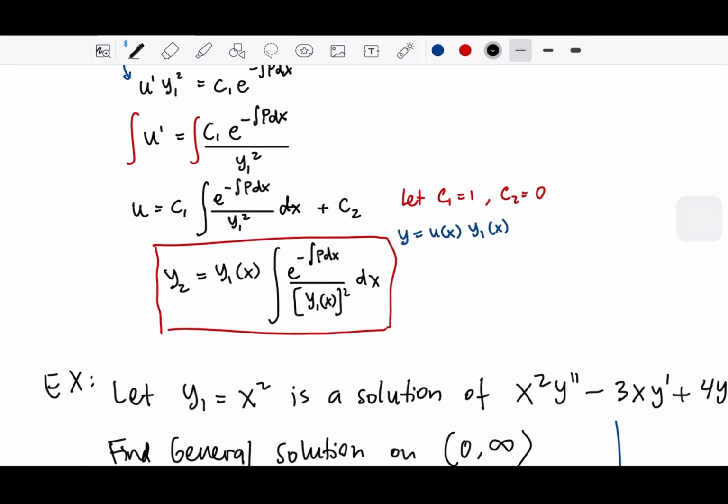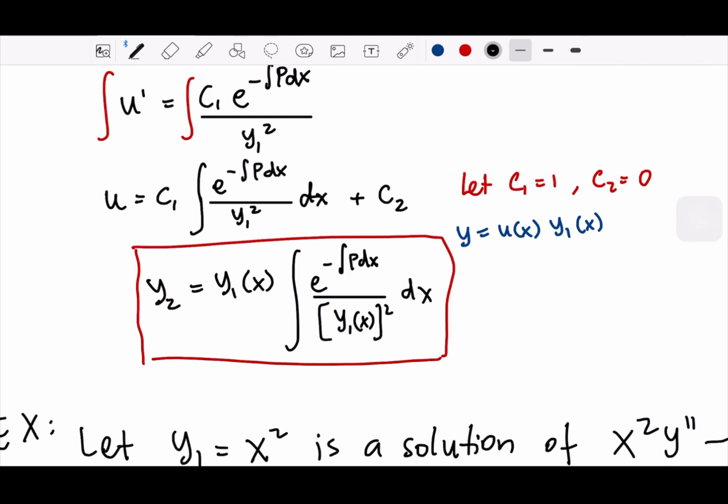If it's too complicated, you can just substitute. You can try this formulation.